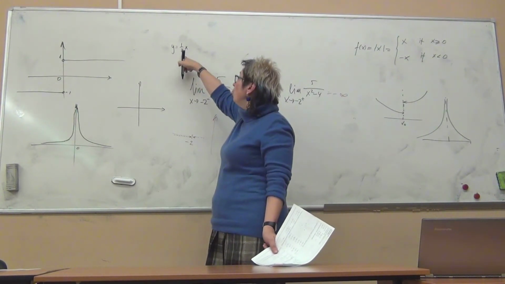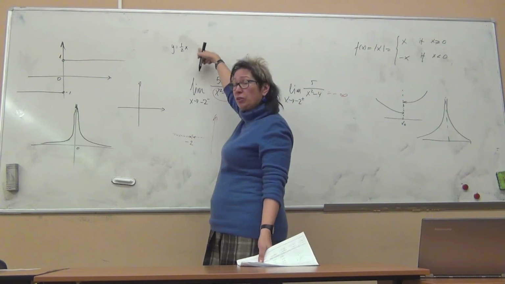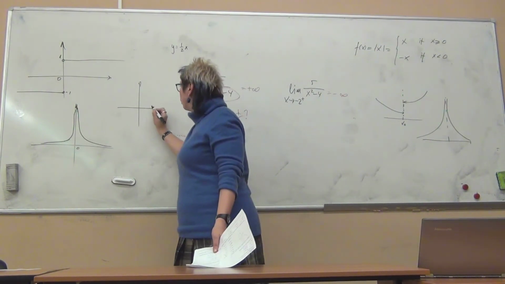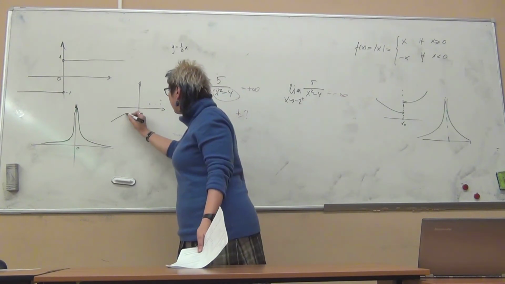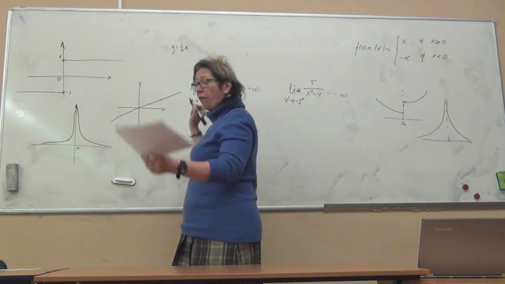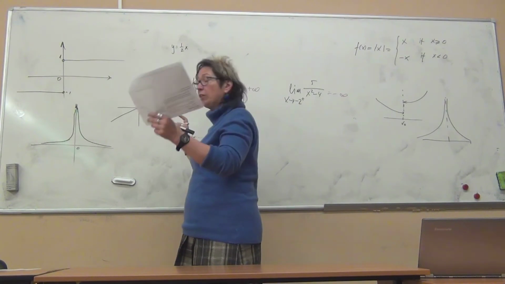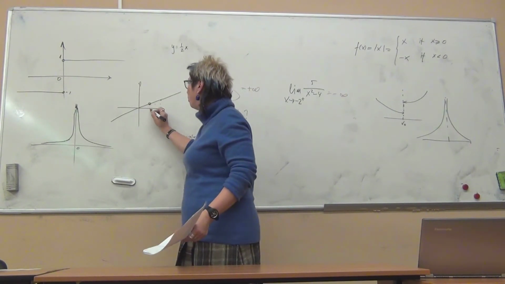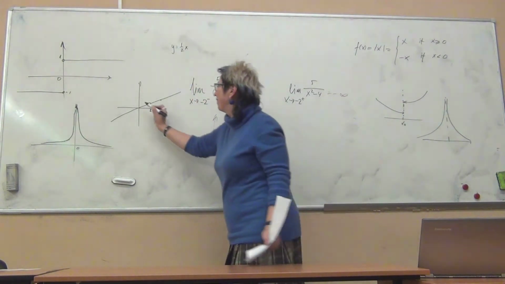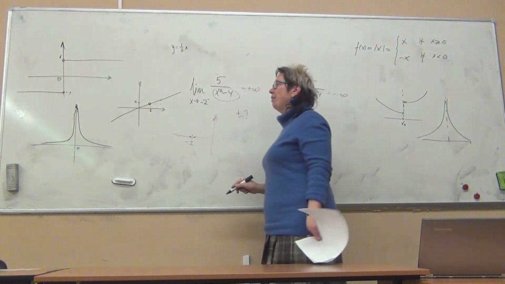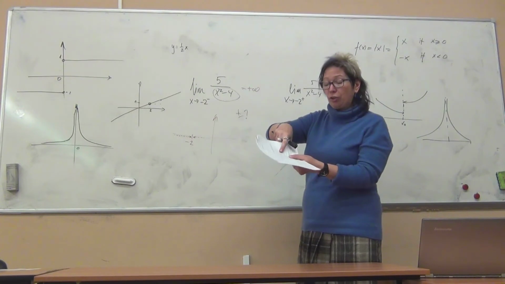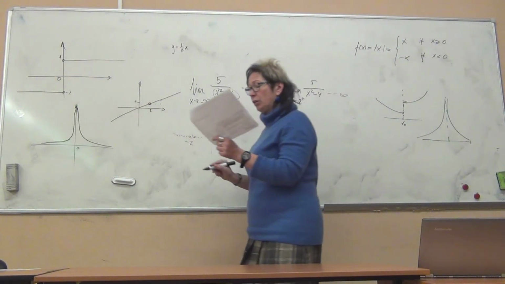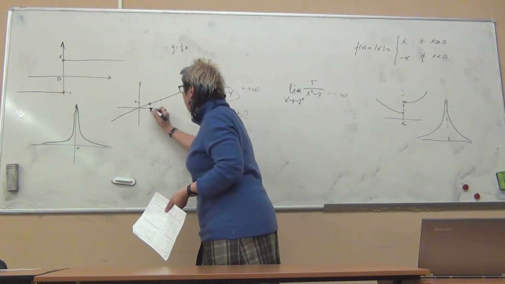So it is 2 steps right, 1 step up. So this line for all values except for x equal to 2. So this is a hole at 2, 1. Right, there's a hole. But if x is 2, there's a different definition, 0 for x equal to 2. So this point.